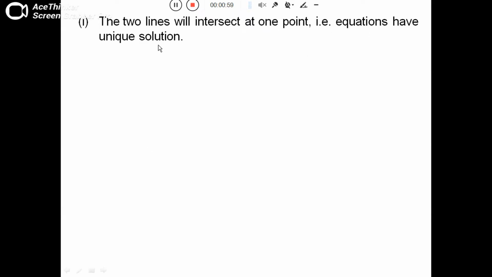Your figure looks like this. This is the first line, this is the second line, and they are intersecting at this point. Because they intersect, you get a unique solution, and because of this the equations are called consistent also.